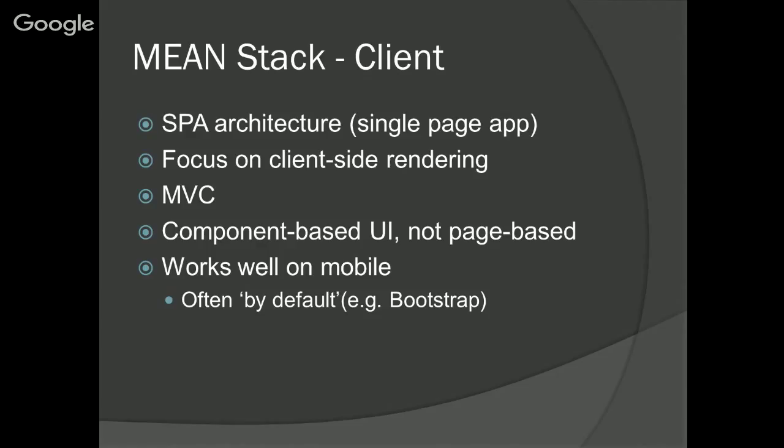It uses MVC, Angular, which is, the A in Mean, is MVC by definition. It's an MVC framework. And one of the nice things on the client is that it works well with mobile by default. In the case of Mean.js, it has Bootstrap, which handles responsive design in most cases for you.